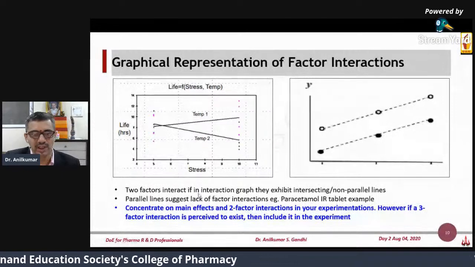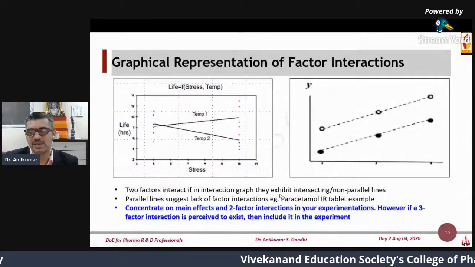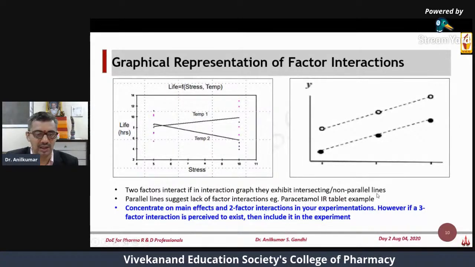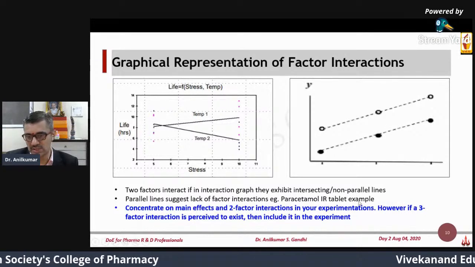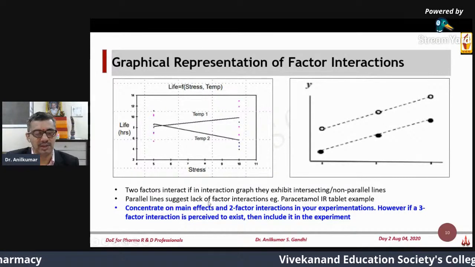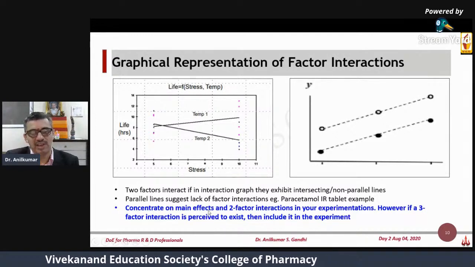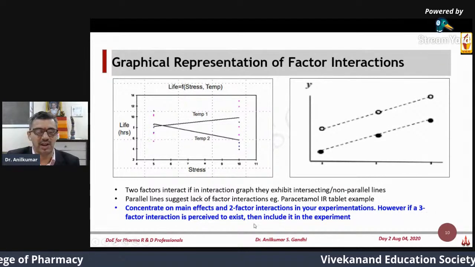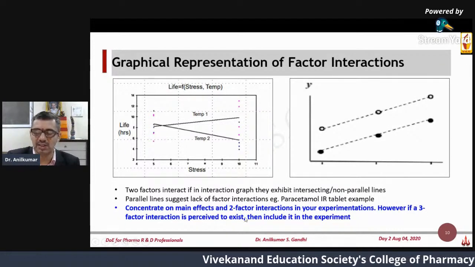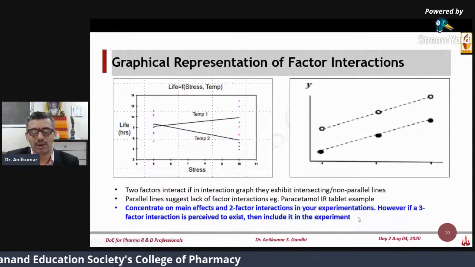Just to recap, two factors interact if in the interaction graph they exhibit intersecting or non-parallel lines. Parallel lines suggest a lack of interaction, which we've seen in the paracetamol tablet. We concentrate only on the main effects and two-factor interactions, as I told you earlier; three-factor or four-factor interactions will very rarely happen.